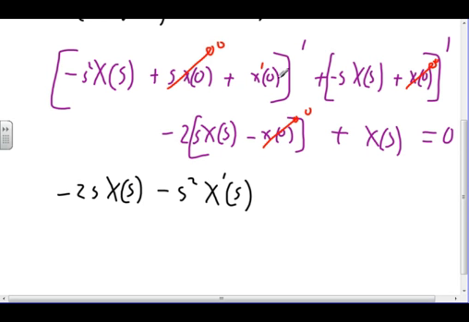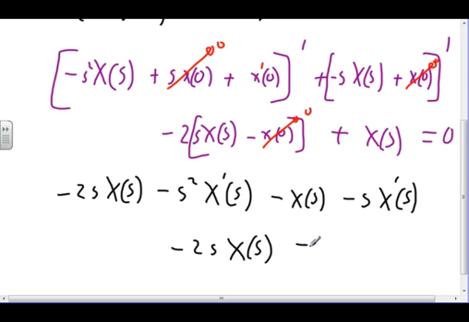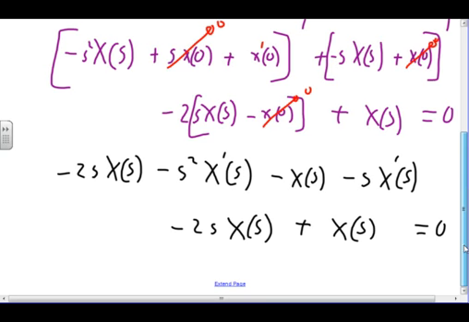The derivative of that guy is going to be 0. I'm going to have minus x of s minus s x prime of s. That guy's 0. I'm going to have minus 2s x of s plus x of s. All has to be 0.